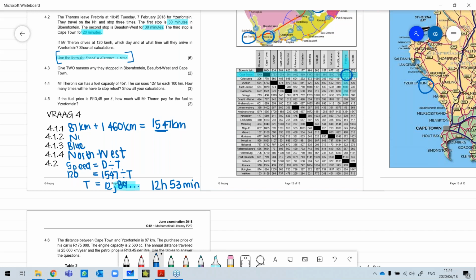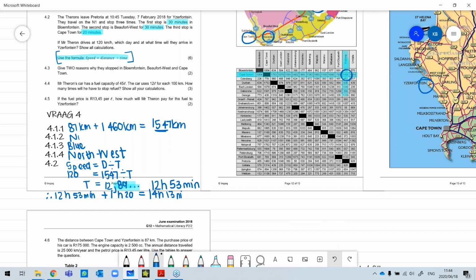So to the time that I've just calculated, which is 12 hours and 53 minutes, we have to now add another hour and 20 minutes, which means let's quickly say 53 minutes plus 20 minutes, meaning it's an hour and 13 minutes. So that is going to be 14 hours and 13 minutes.